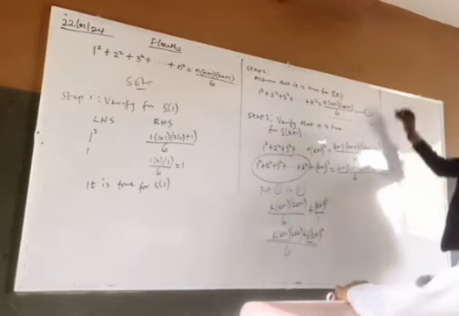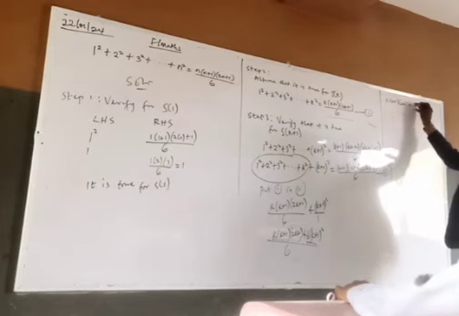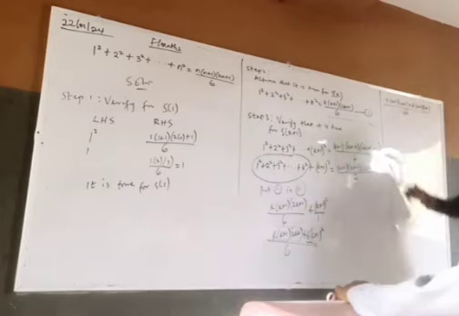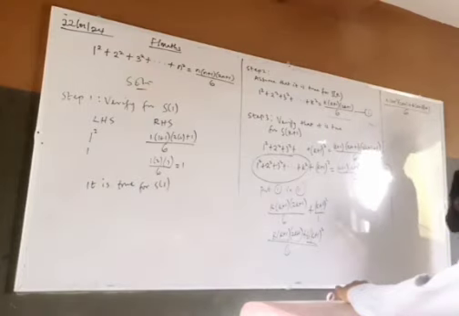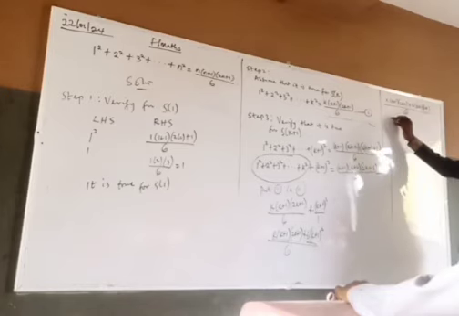So we can rewrite this as k into k plus 1, 2k plus 1, plus 6 into k plus 1, k plus 1, over 6. Squared means multiply it by itself, so that's why we multiply this by k plus 1. So we can now factor out k plus 1.